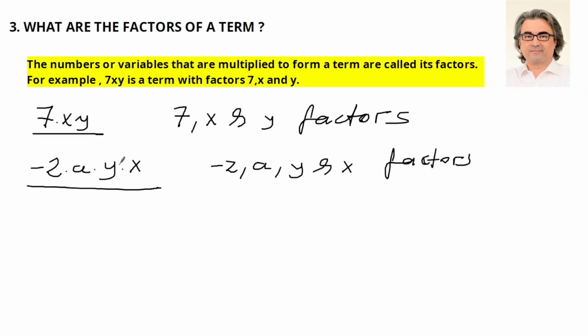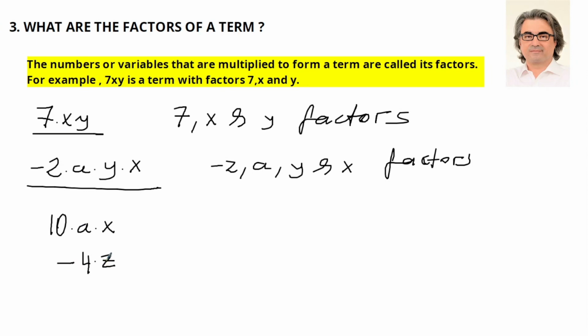Say there is a term 10 times a times x, which is the product of 10, a, and x. And there is another term, minus 4 times z, which is the product of minus 4 and z.